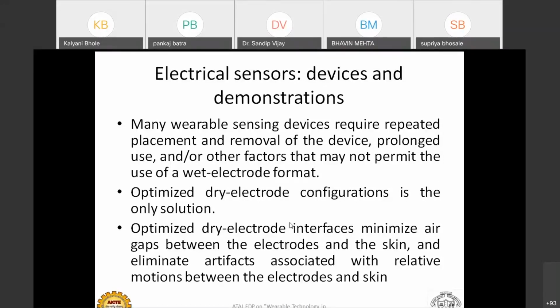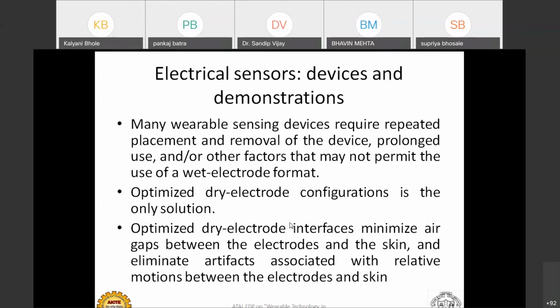Now, many wearable sensing devices require repeated placement and removal of the device, or prolonged use, and there are some other factors that may not permit the use of a wet electrode. So in this case, an optimized dry electrode configuration is the only solution, so dry electrodes are used.